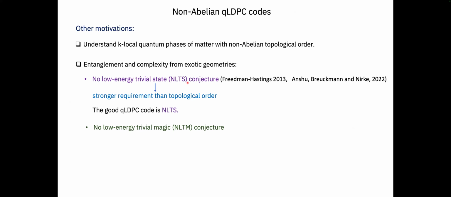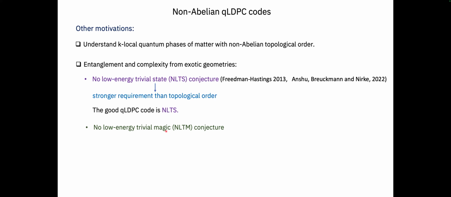Then further along the line, you can have even stronger requirements. Recently in this community, people like Anshu are thinking about extending the NLTS framework to the NLTM conjecture, which replaces trivial with magic.